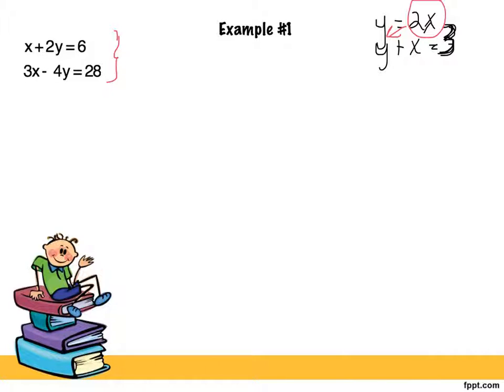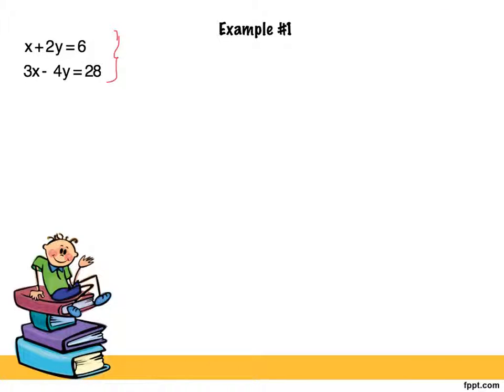Whenever you're looking at a system that doesn't already have an equation solved for x or y, you want to say to yourself, okay, what would be the easiest equation for me to use in order to get y or x alone? The easiest time you'll have doing that is when an x or a y has no coefficient in front of it.